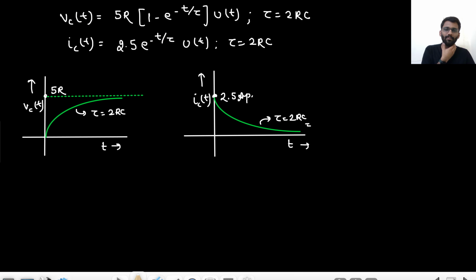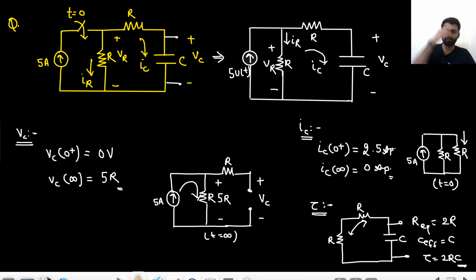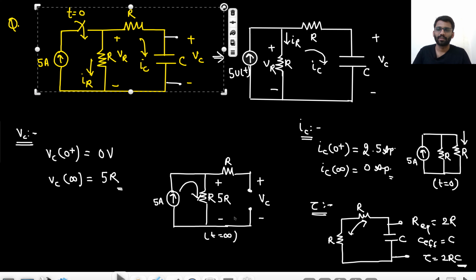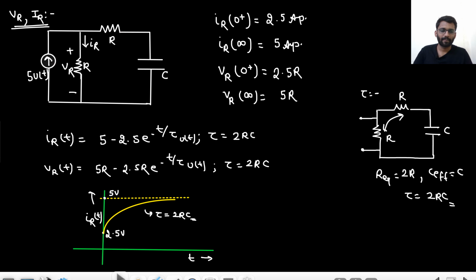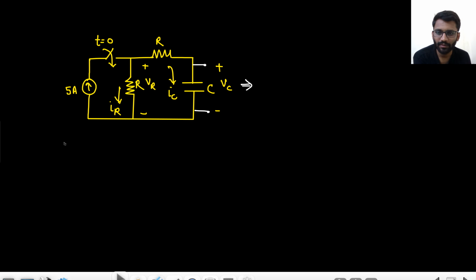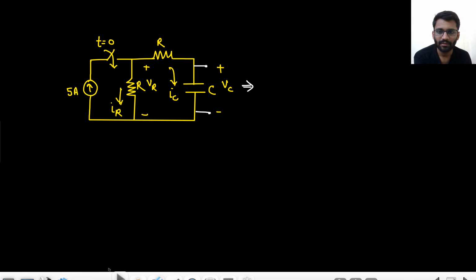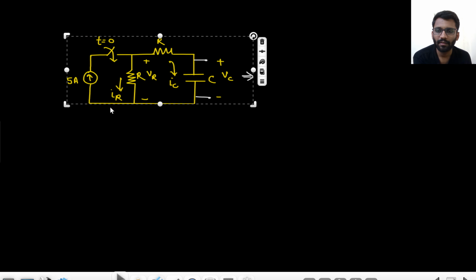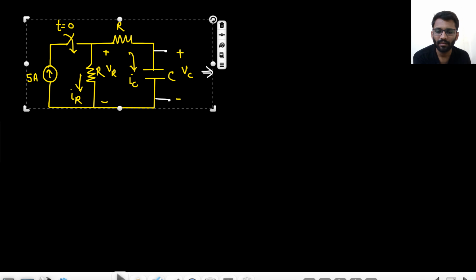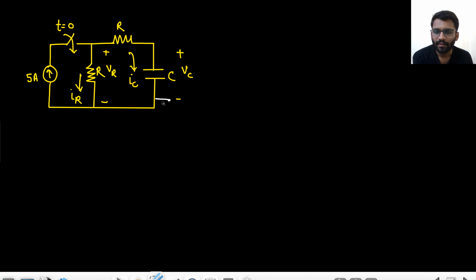The same circuit by one more method. What is that method called? Source transformation. Okay, I will just copy the circuit. We'll write method 2. Okay, what can I do?